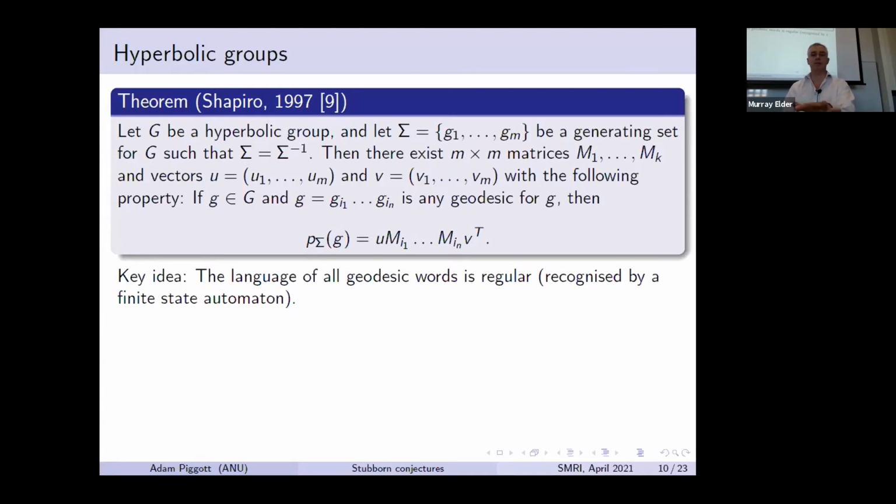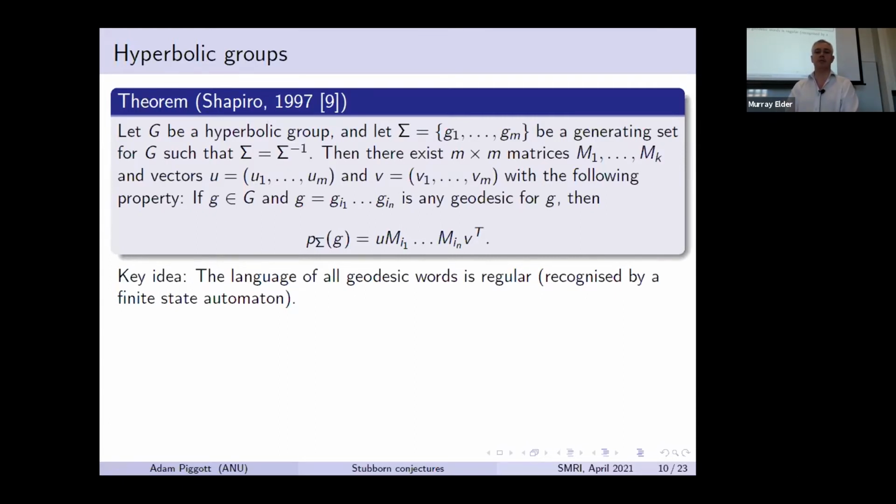So these matrices, M1 through MK, you see here, are related to the transitions in the finite state automaton that recognizes when two words represent the same element, and so on. Anyway, it's really neat, and it's very easy to read.